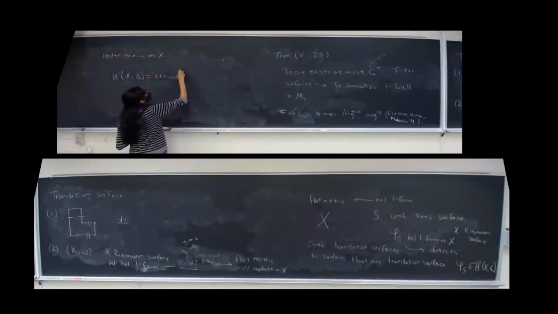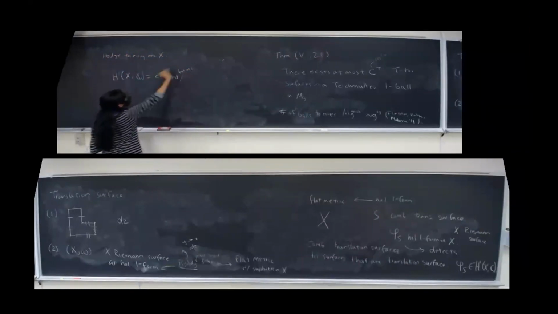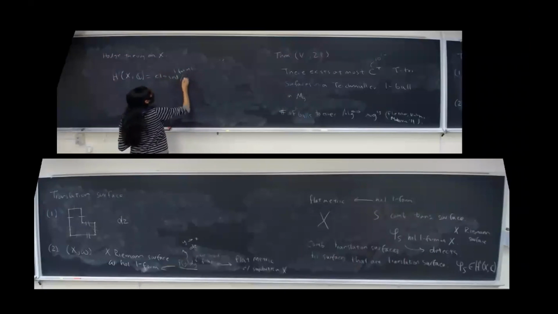forms. These are complex valued closed one forms modulo exact one forms.